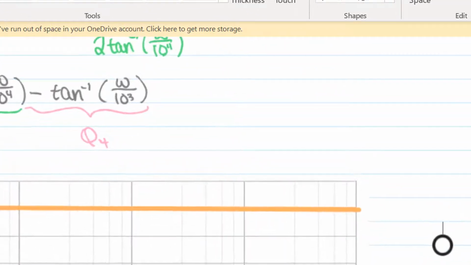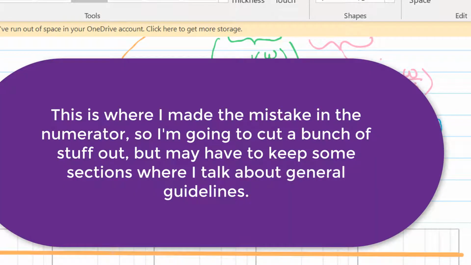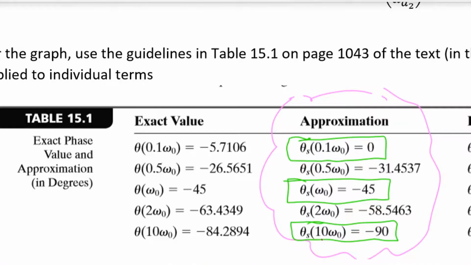Okay, now for the next one, you're at 0 until you get to 1/10 of the denominator.